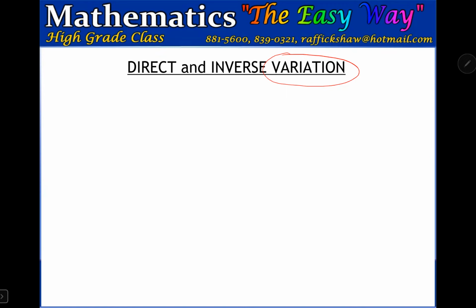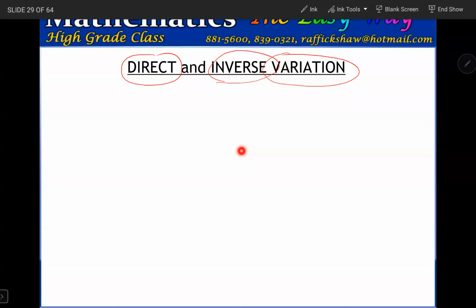And it has to do with the relationship between two changing values, two related quantities that are changing. They can be changing in a direct way, or in what we call an inverse way. They can have a direct variation, or they can have an inverse variation.